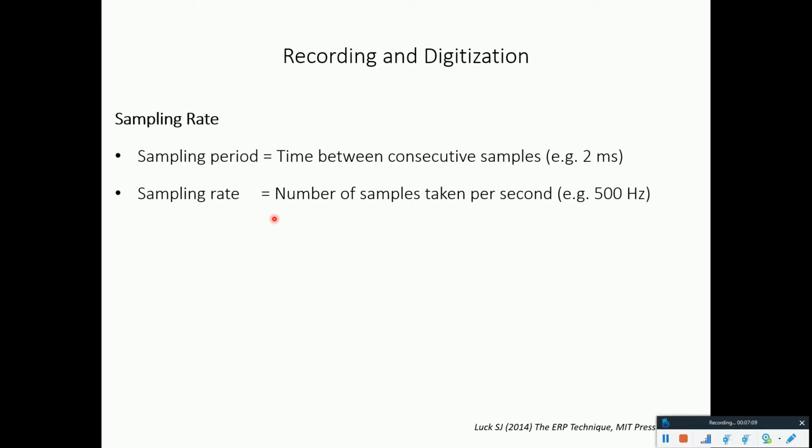The sampling rate is then the number of samples taken per second. It's measured in hertz. That's the number per second. And if you take a measurement every 2 milliseconds, then you can fit 500 samples into 1 second, which corresponds to 500 hertz.